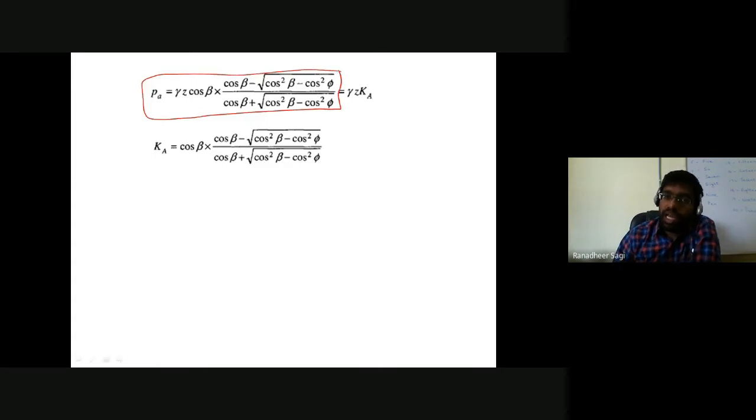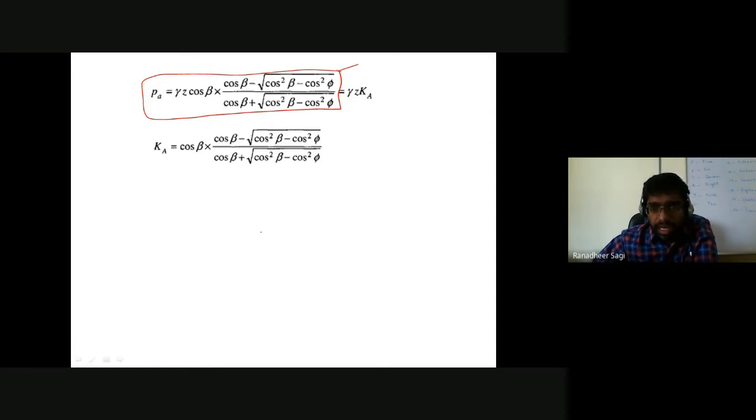From the Mohr circle, if I calculate your PA, that's the earth pressure value, I'll get the value like this. If I simply want to calculate at any particular depth how much is the value, then I can calculate like this. Okay.